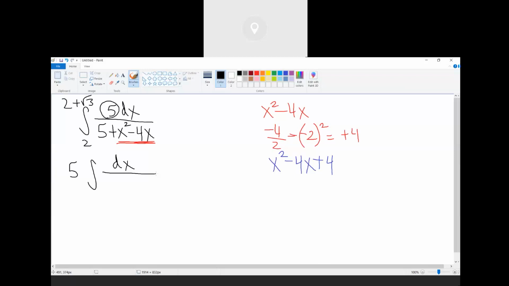And also, because I added a 4 to the denominator, I have to subtract a 4 also to balance it out. Because if I don't do that balancing act, then I've changed the entire problem. So right here with the 5, I'll include a negative 4.